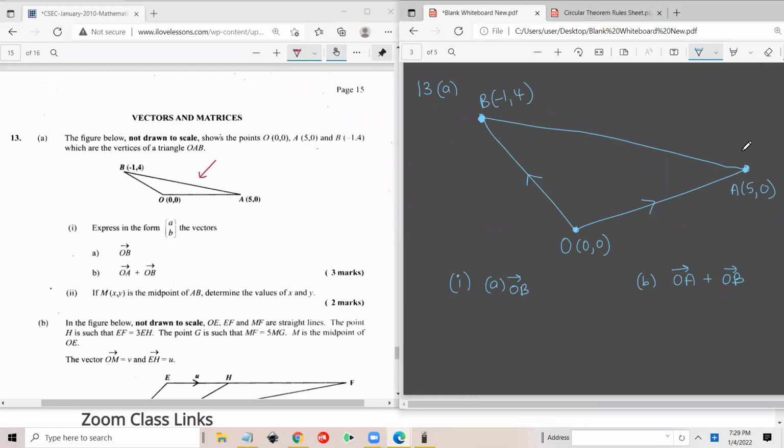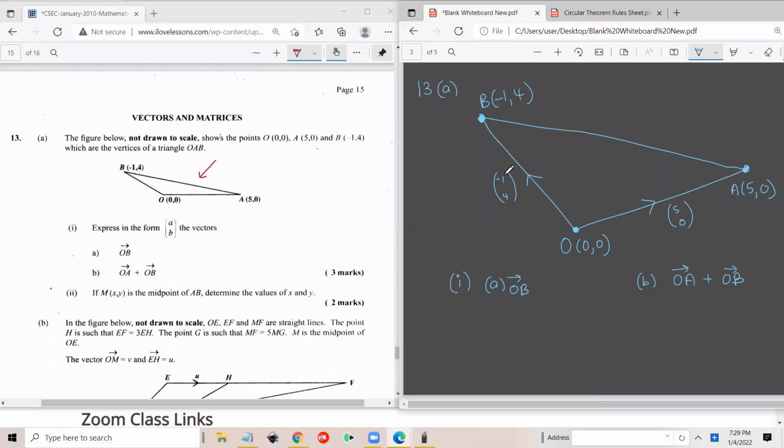Position vectors are the easiest type of vectors to deal with. Whenever a point is connected to the origin, to convert it to a vector, the point itself becomes the vector. The -1 just goes on top, the x coordinate and the y coordinate goes underneath. As simple as that. So here will be 5, 0.